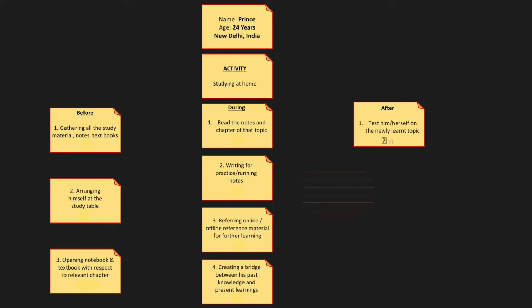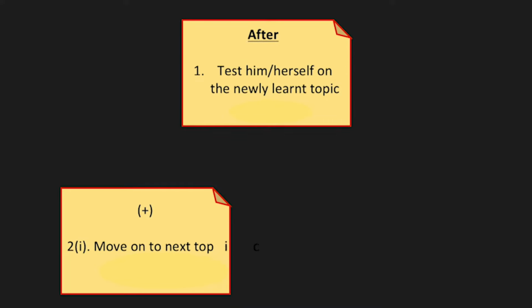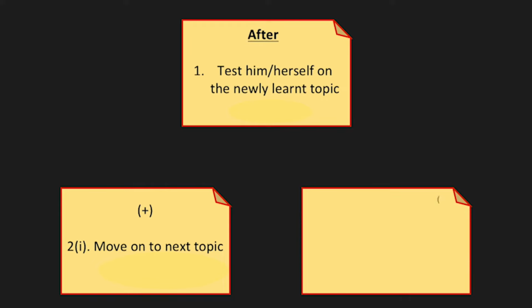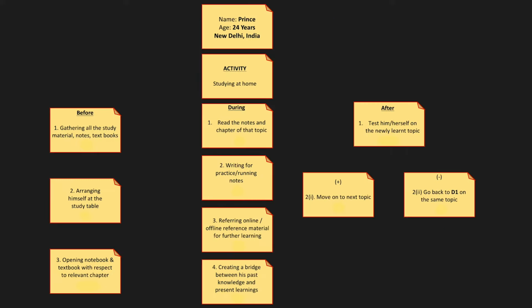If it's a positive situation, he would move on to the next topic. In a negative situation, in case he fails his own test, he would come back to the learning activity D1, going back to reading and understanding the concept again on the same topic.